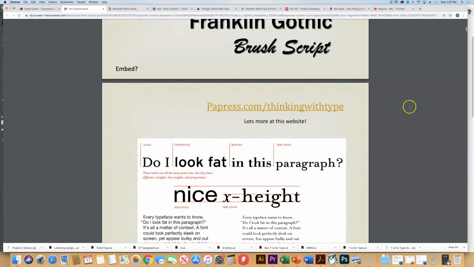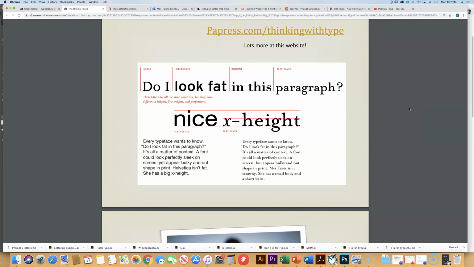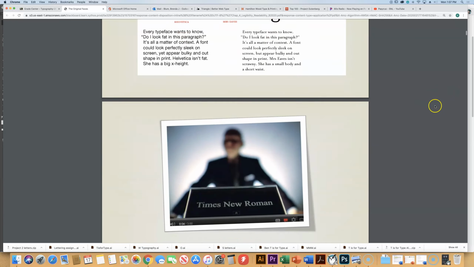All right, so we're going to talk about our type choices today, and how whether it is expanded, condensed, italic, bold, semi-bold, tall x-height, or short x-height, it all has a dramatic effect on how we are able to read the page. So it's very important.